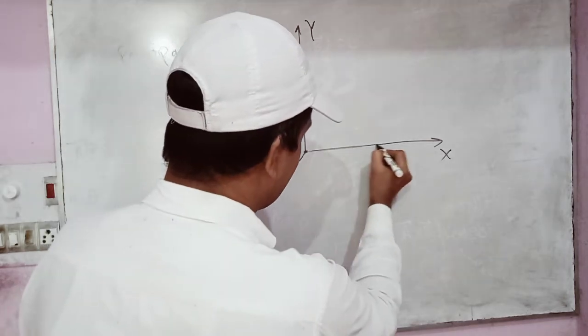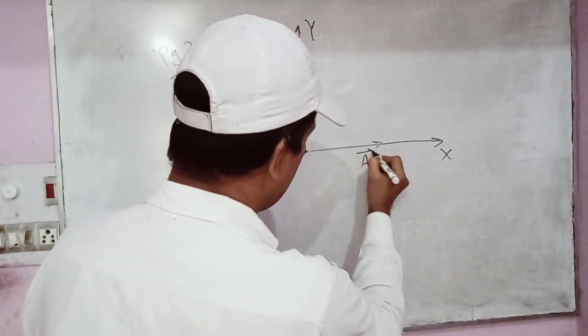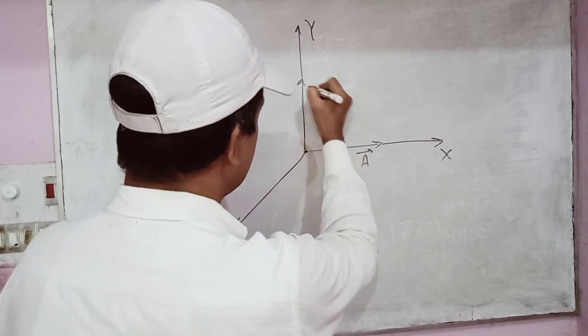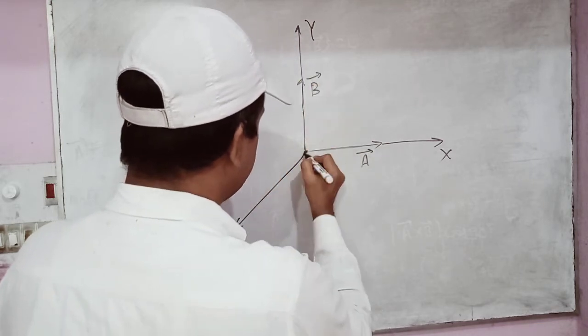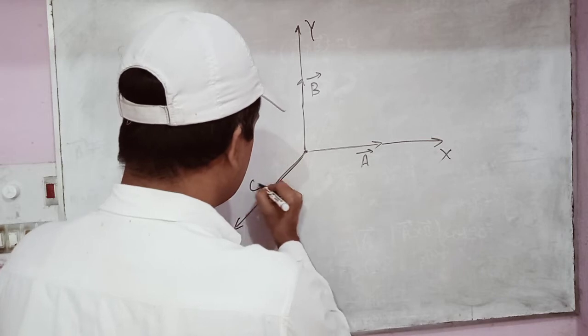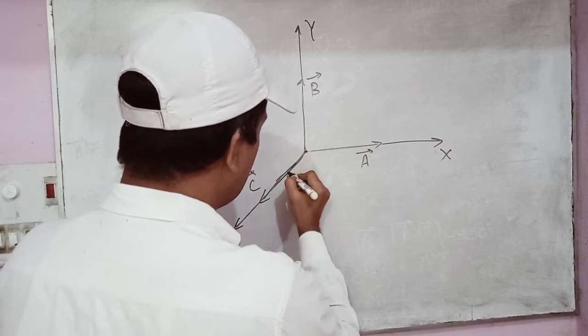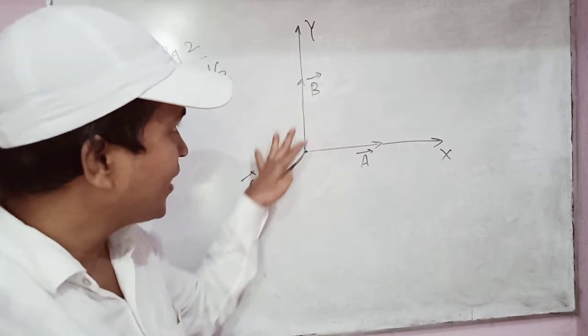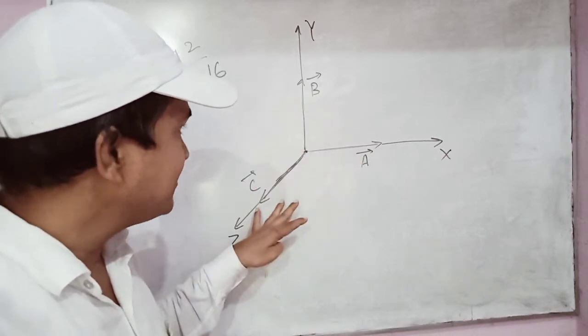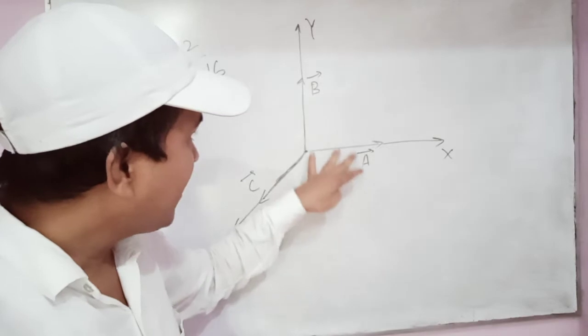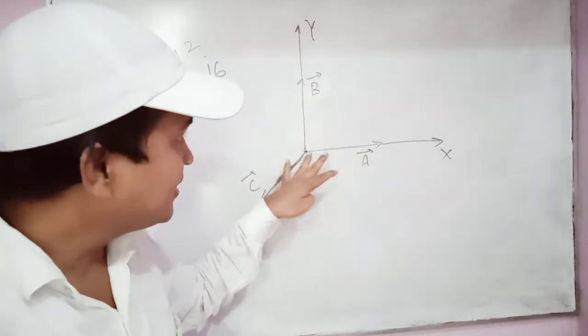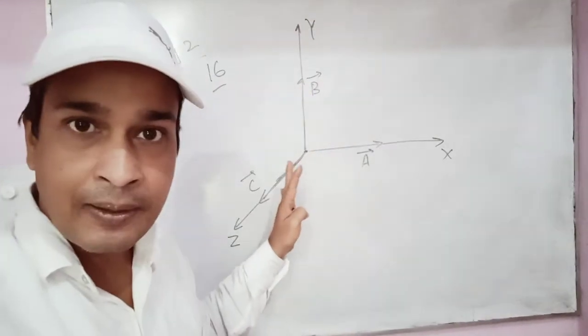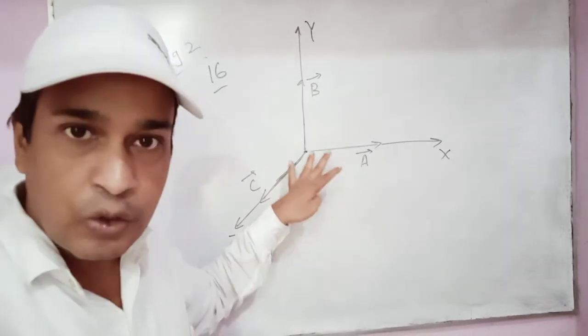So let this be vector A, this be vector B, and this be vector C. According to the question, these three vectors are mutually perpendicular, and we have drawn them along the x axis, y axis, and z axis. These are perpendicular to each other because the three axes of Cartesian coordinates are perpendicular to each other.